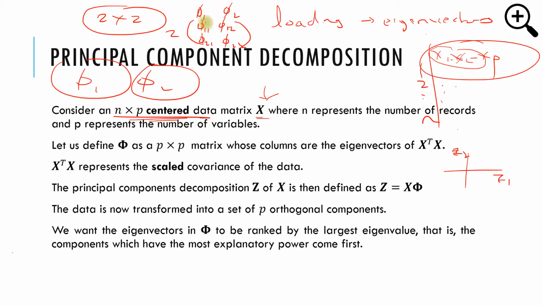So that's a little bit the idea behind. All right, but of course if you have p variables there will be more than that logically, and remember that they are representing loadings. All right, and these loadings are what we would refer to as eigenvectors.